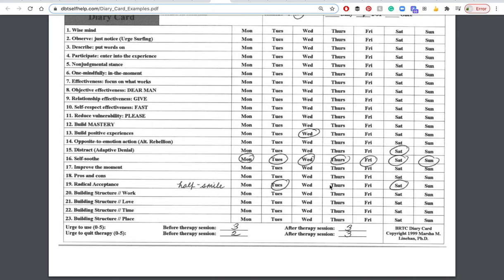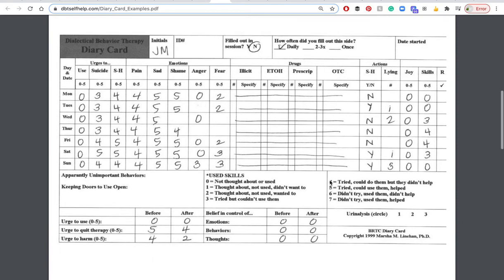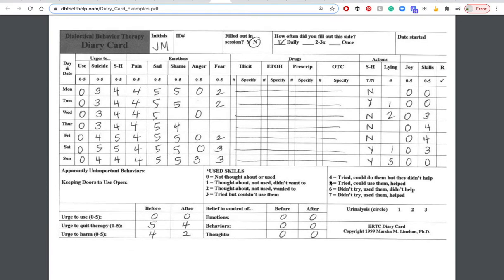So this is page 1. Page 2 is going through what we talked about. So this person is not using substances, alcohol, or prescriptions, but they are feeling pretty sad, having urges to self-harm, and it looks like they had a difficult weekend, potentially having some thoughts of hurting themselves.